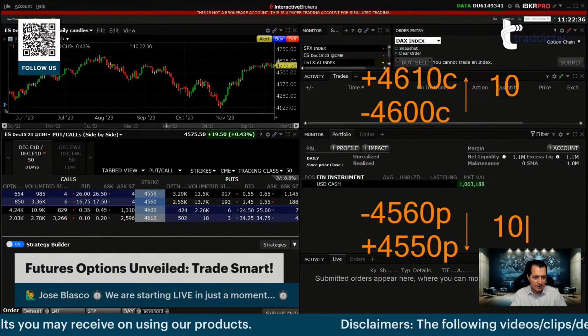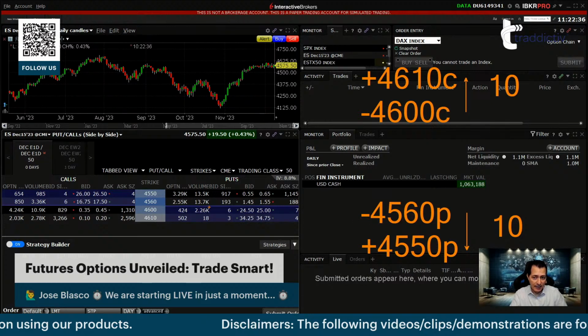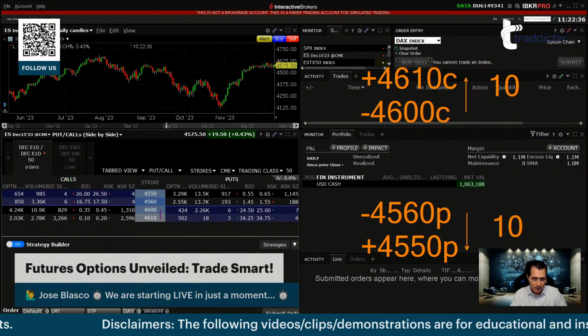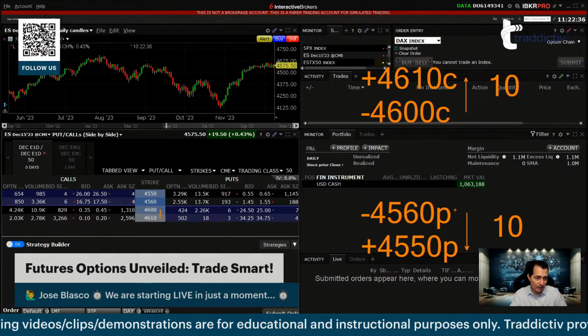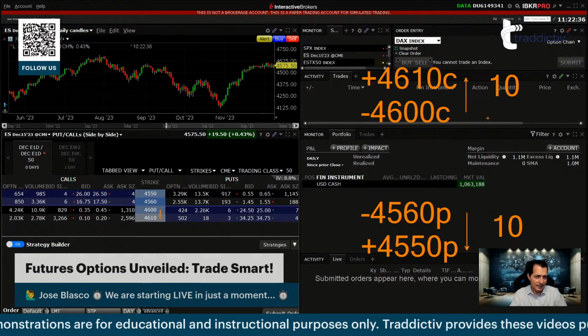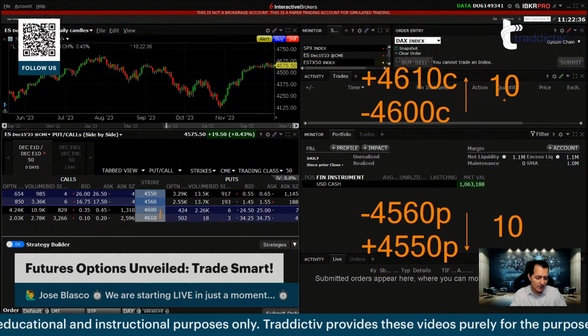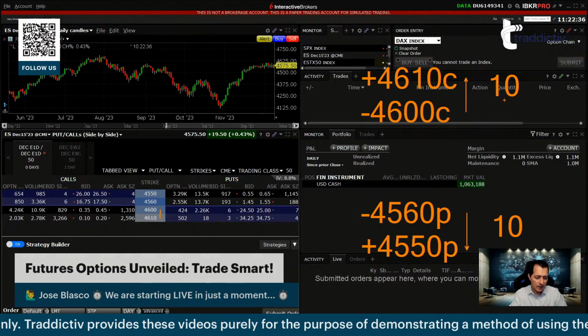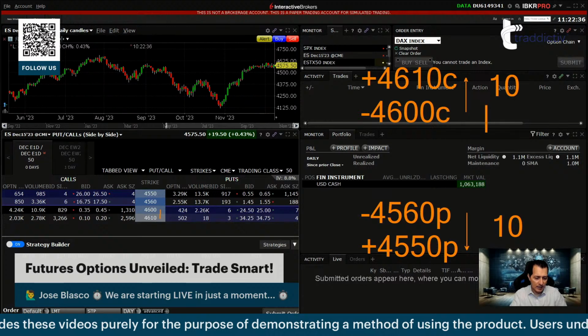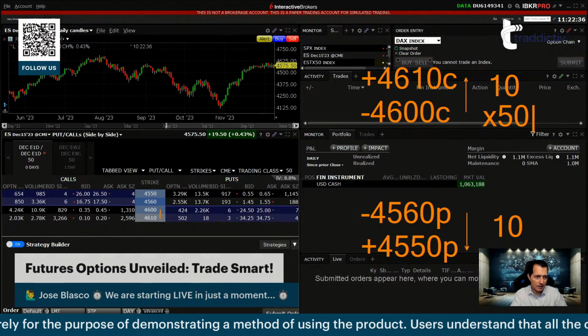So since I did select a difference of 2 strikes, and that equals 10 points, it's kind of easy. But remember, those 10 points now need to be multiplied times 50.